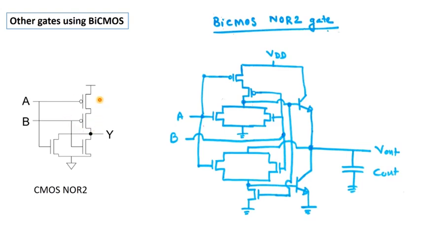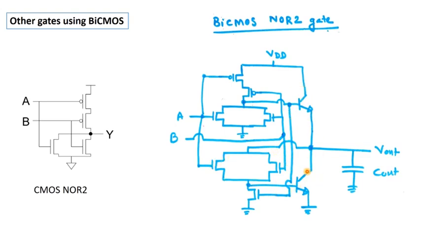The 2 PMOS where the 2 inputs are connected are in series. The 2 NMOS where the inputs are connected are in parallel, right?